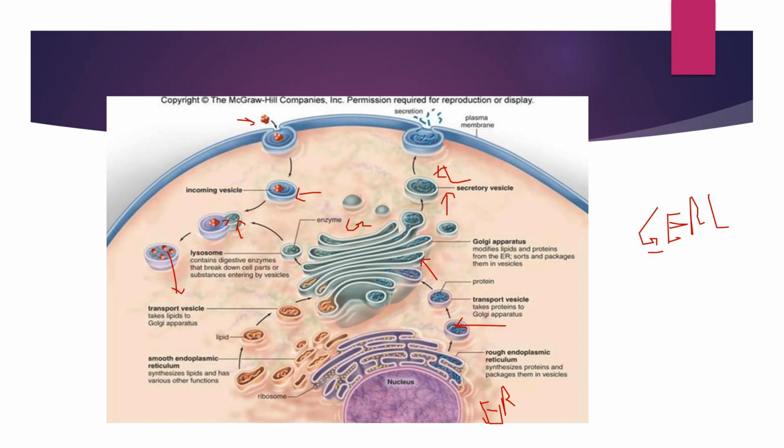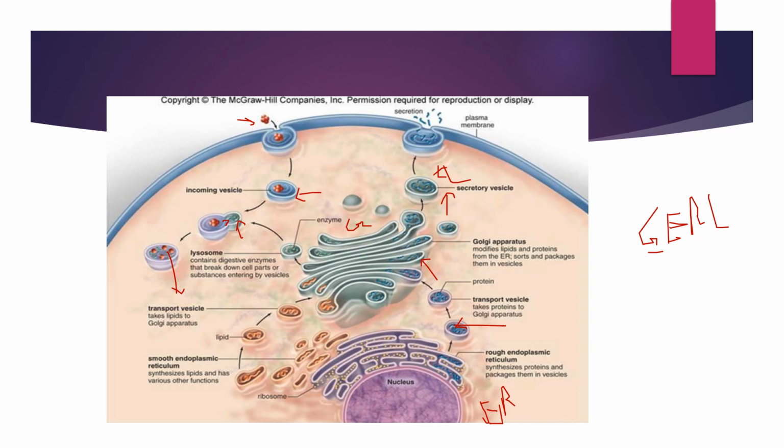Now the GERL system. In the GERL system, the vesicle is formed by the invagination of the plasma membrane. So when the vesicle is formed, a small part of the plasma membrane is not present. This part of the plasma membrane is given back when the undigested food material is dumped outside.